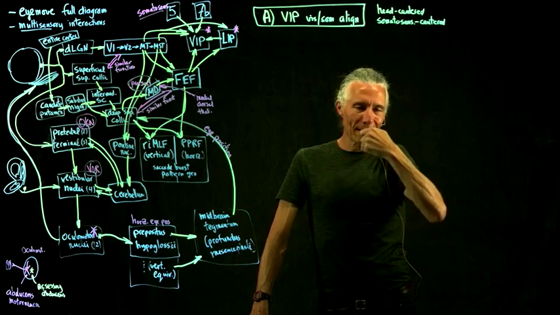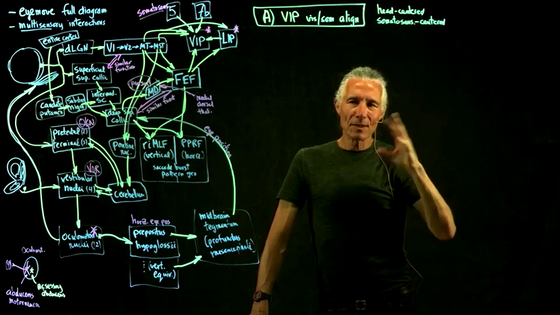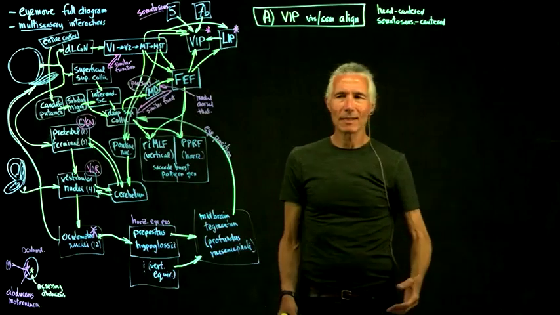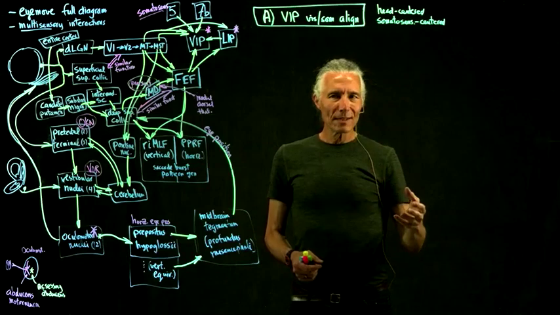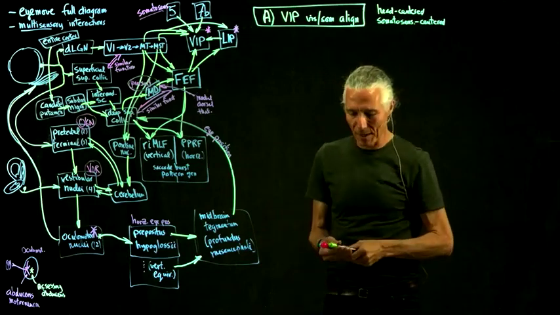What I want to know is where the spoon is relative to my mouth. I don't care where it is in my visual field. So we somehow have to convert our visual signals into visual signals relative to the head, and that's what VIP does.